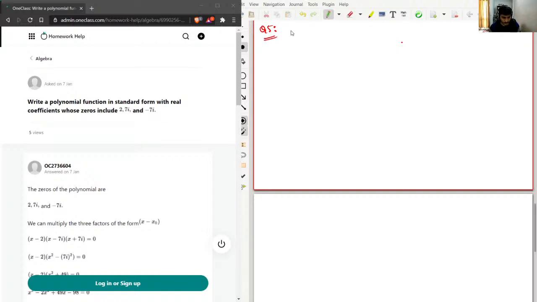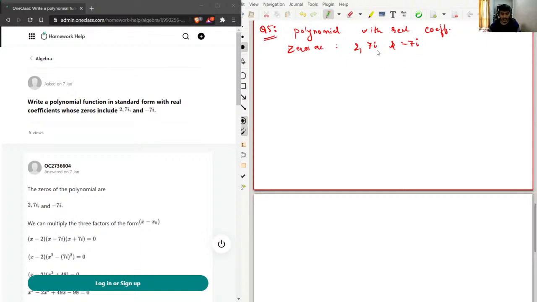So we need to write a polynomial with real coefficients, and zeros are 2, 7i and negative of 7i.